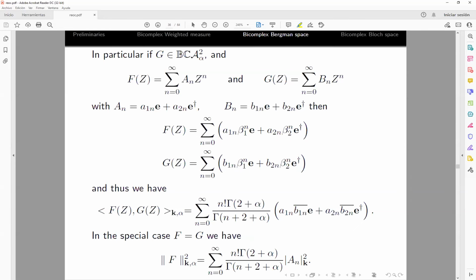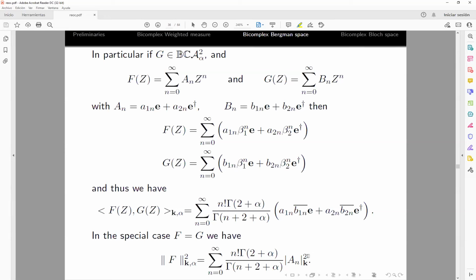And then if we calculate the inner product of F and G, we get this expression. Here is a conjugate, this is the normal conjugation, of course. And in the special case that F equals G, we get this classical series development.